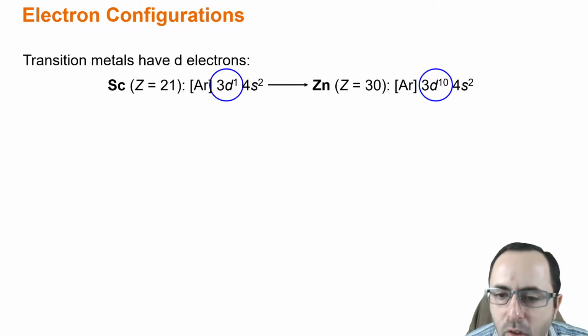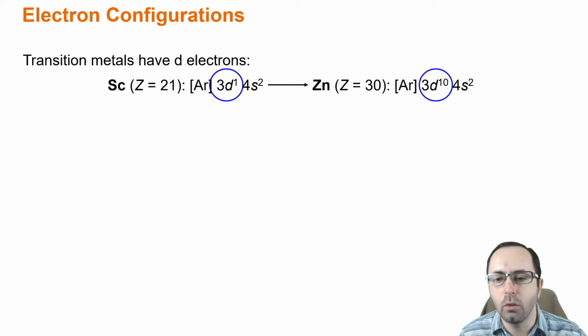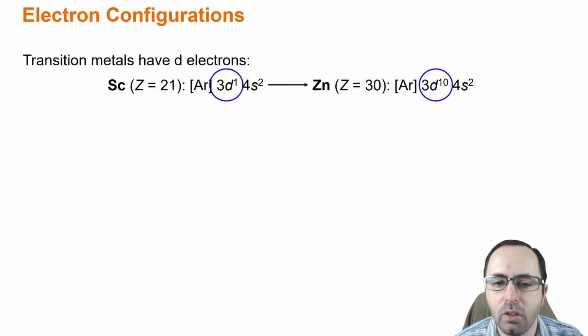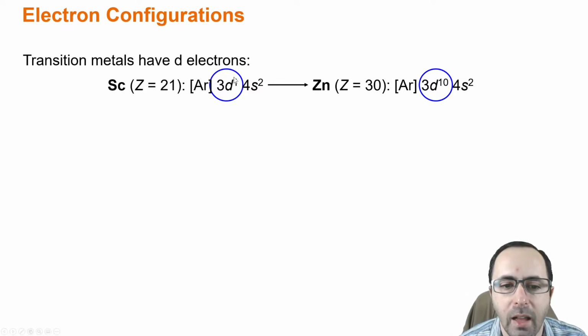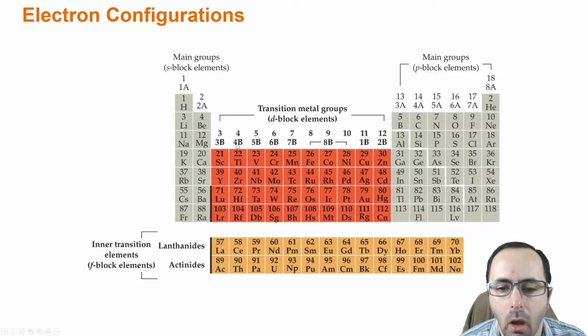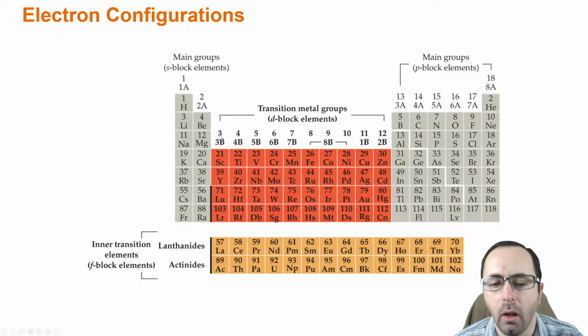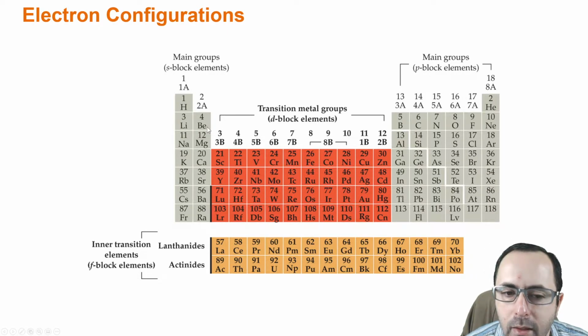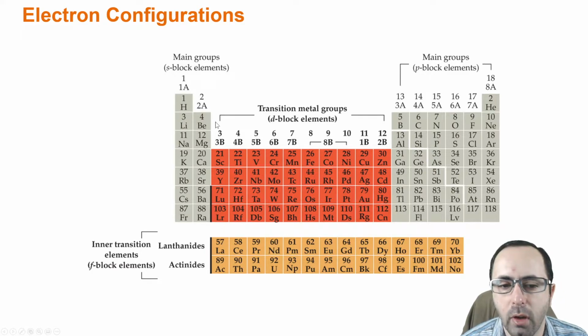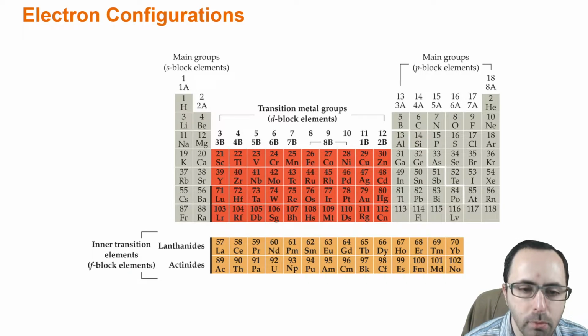So this is just a little reminder here of how to write electron configurations. Here we have the electron configuration for scandium, and I'm just going to show how we arrive at that. Generally, for writing electron configurations, we can use the periodic table.